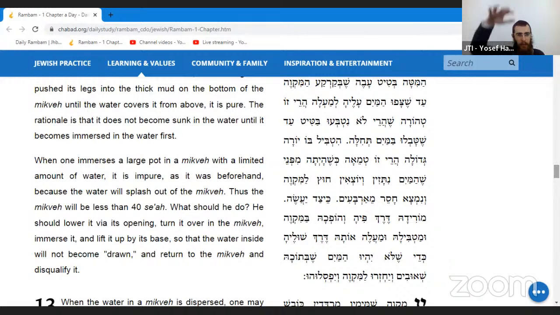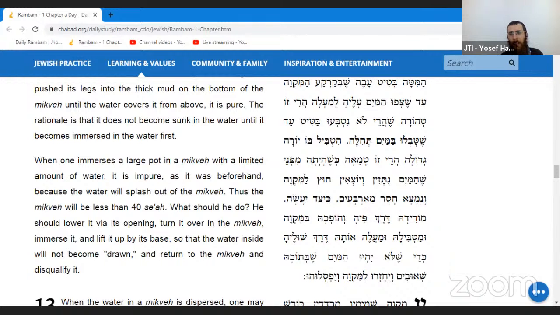So that's that you just kind of plunged it in downwards, because then all that airspace is busy ejecting out of the mikveh. But he should lower it via its opening, put it in upside down like that, and then turn it around. Turn it over in the mikveh, and then again turn it back upside down and lift it with its base so it doesn't take any water out.